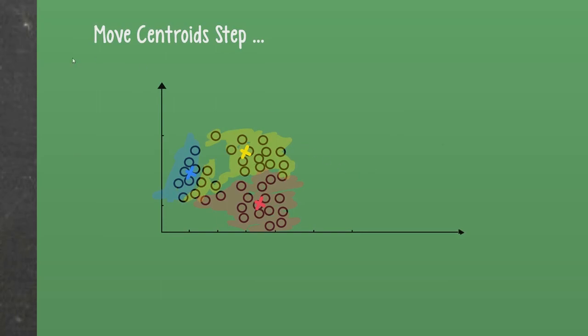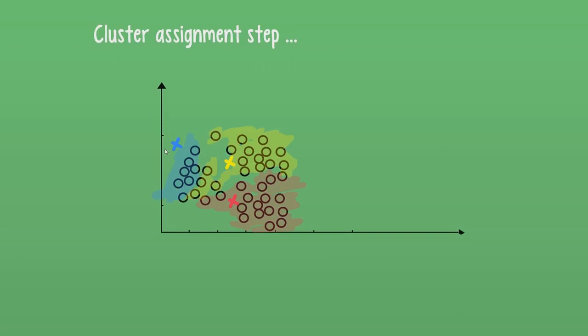Then we move the centroids to the mean of all clusters, to the mean of all data points. What do we mean by that? We have these data points. We already assigned them to this centroid. This centroid was here, right? Let's go back. Okay, you see, the centroids are here, here, here. So what do we do? We calculate the mean. What do we mean by the mean? That means we calculate the position of all these data points, and we divide it by the number of these data points.